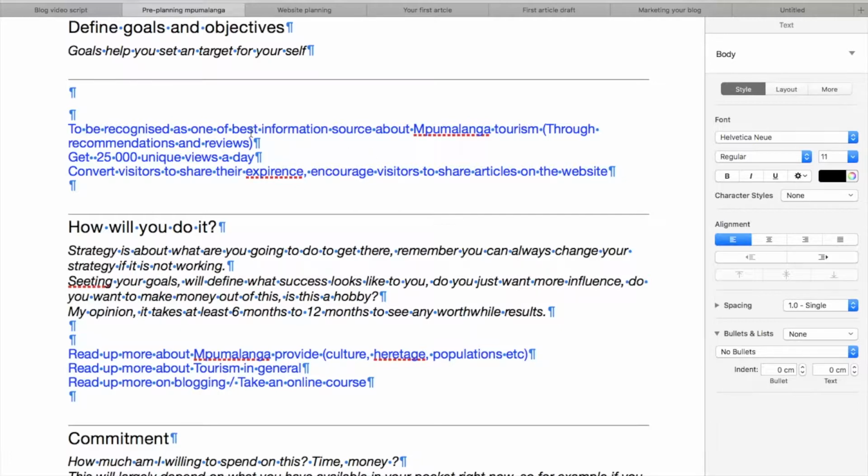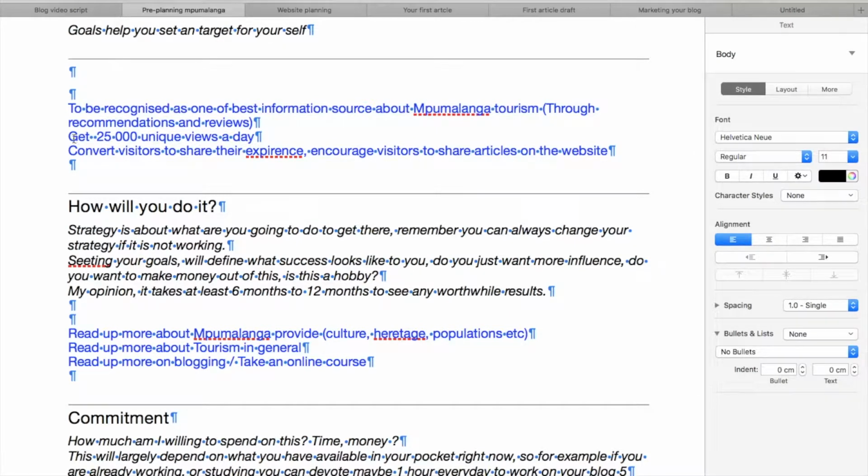For example, this line that I wrote here, I said to be recognized as one of the best sources, not the best, but one of the best sources of information relating to Mpumalanga tourism through recommendation and reviews. So I know that my blog is successful when I get reviews by other people saying that my blog is the best source of information.